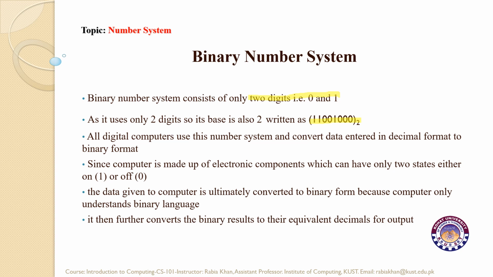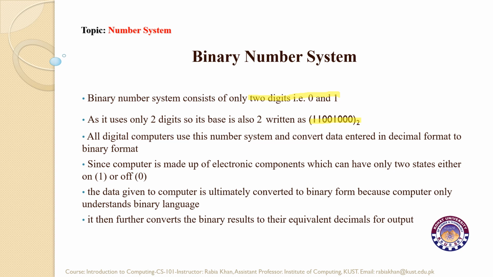Binary number system or binary language is actually the computer's own language. This is the only number system that computer understands. So all the digital computers use this binary number system and convert whatever data we enter in decimal form to this binary number.